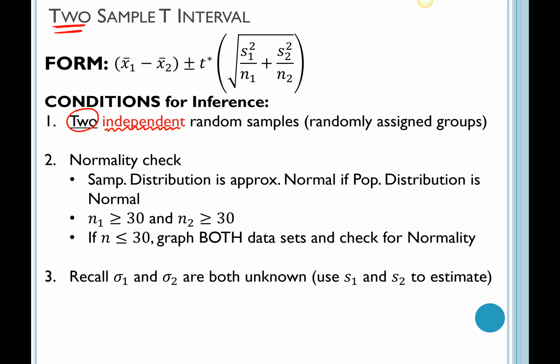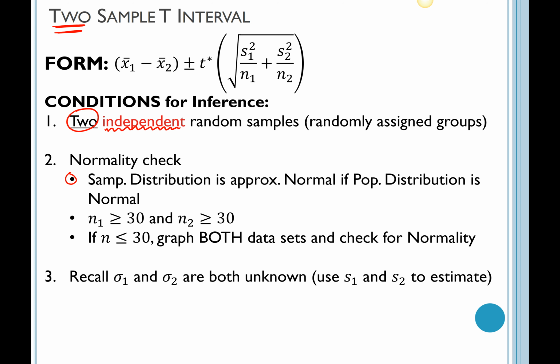This normality check is very similar to what you watched in the previous videos for two-sample sampling distributions. You can have one of three things going on. The sampling distribution is going to be approximately normal if the population distribution is normal. So if the population is normal, so will the sampling distribution. If not, you can then refer to the sample sizes.